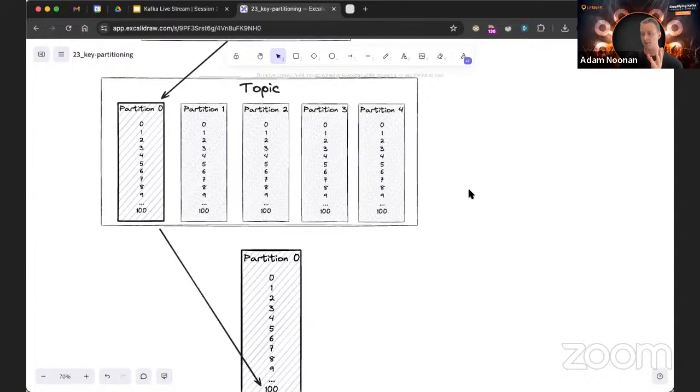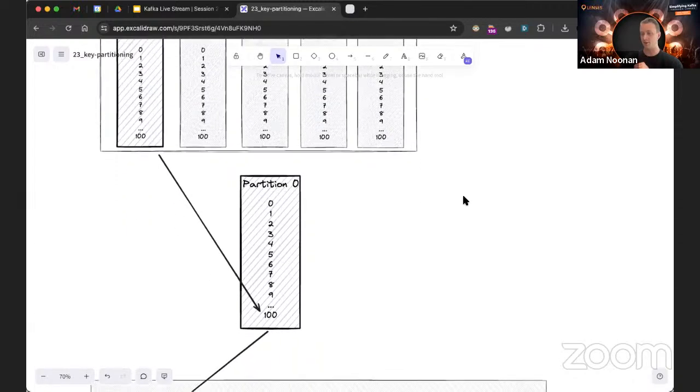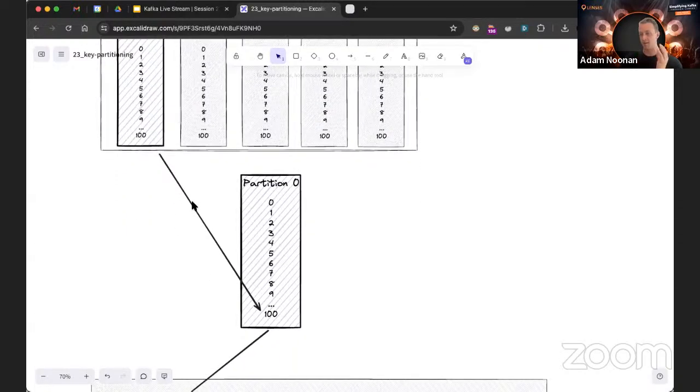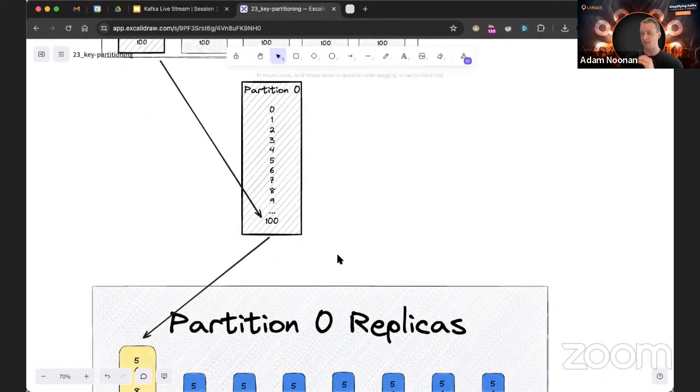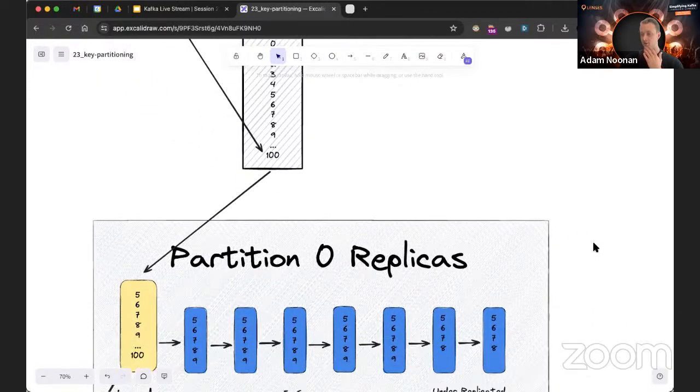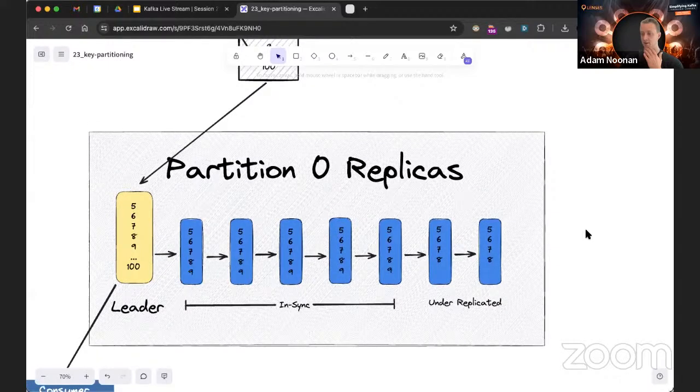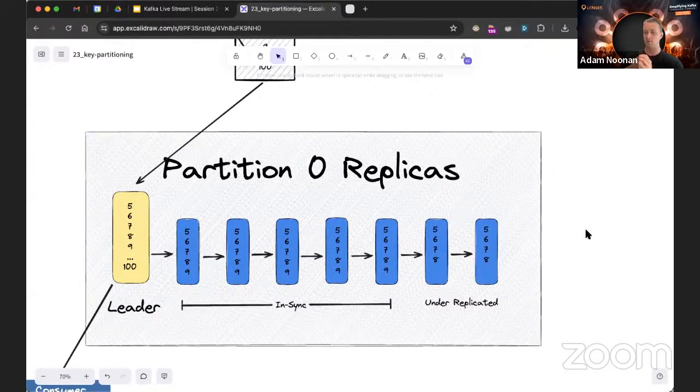So each topic consists of multiple partitions, and we'll look at partition 0. We've got our Python application writing to the end of this topic. It's going to be appended here. But then each partition also consists of replicas. For data availability and durability, we're going to have replicas of this partition.